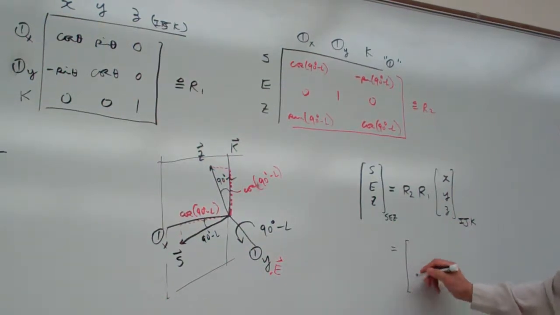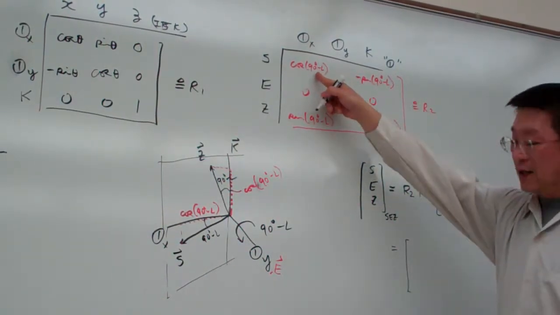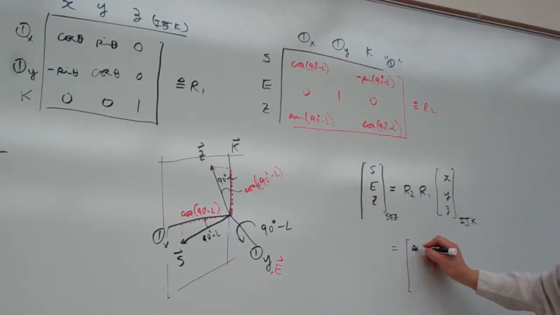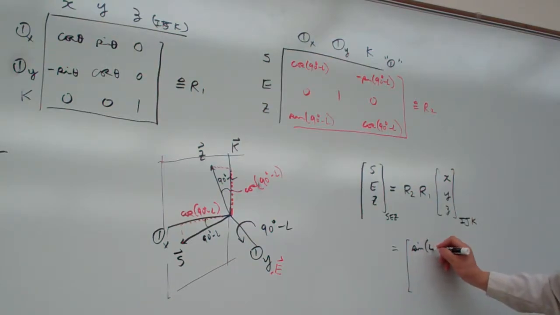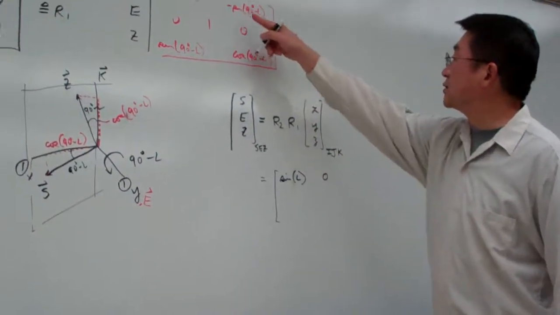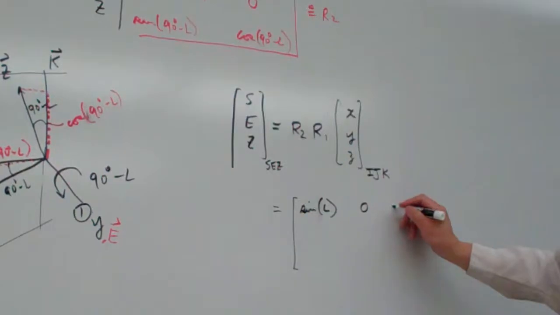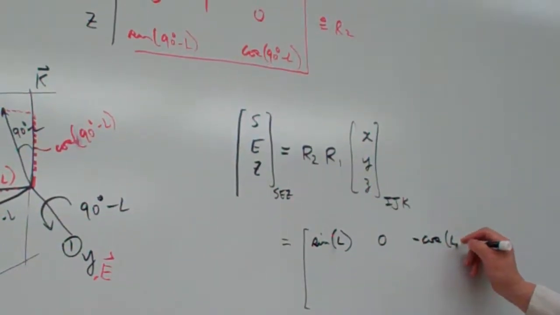R2 is basically equal to this one, which becomes sine L, and 0, and sine of 90 minus L basically becomes cosine.